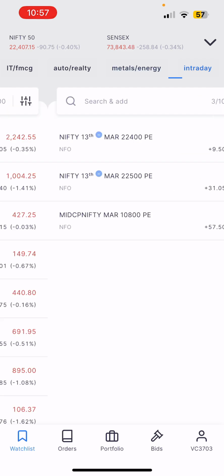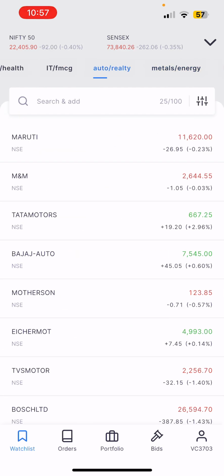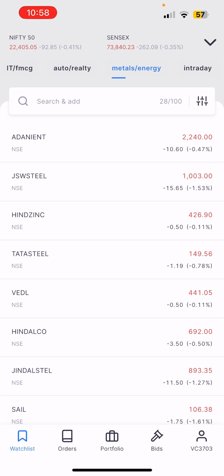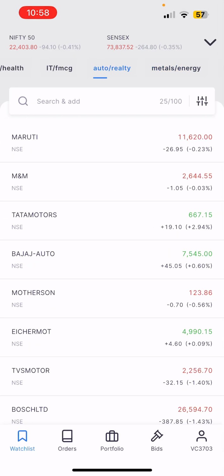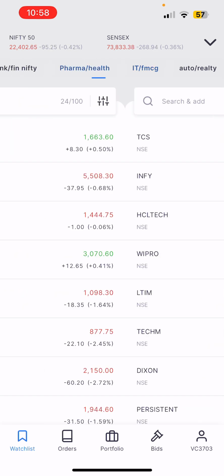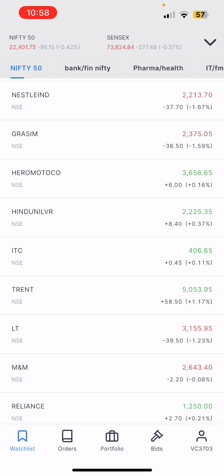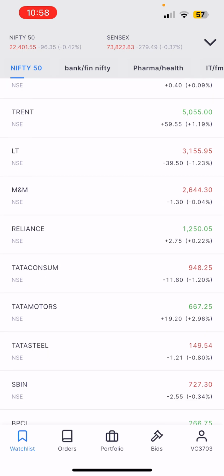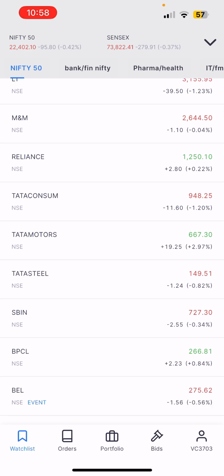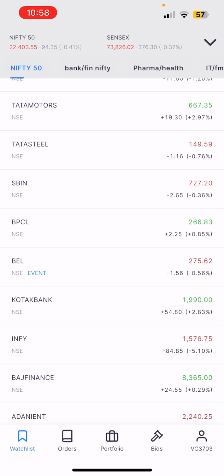Take stocks. Okay, let me show you how to trade stocks now. Example, Adani. So let's see a falling sector stock or an upside sector stock. Now Nifty 50 is falling. So LT, M&M, Reliance, Tata Consumer, Tata Motors, Tata Steel, SBIN.